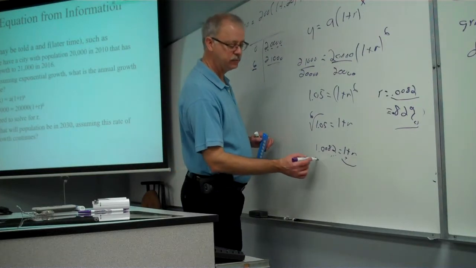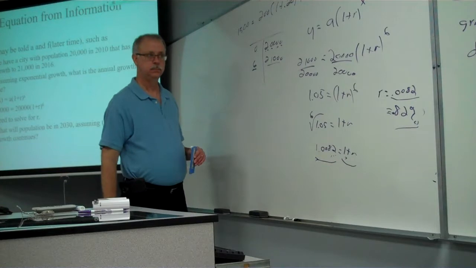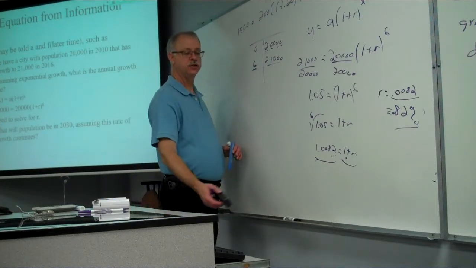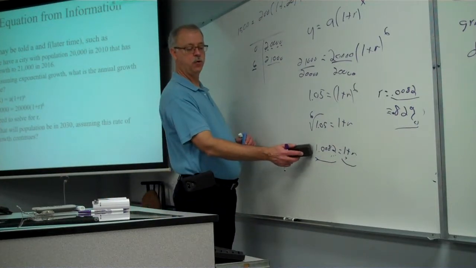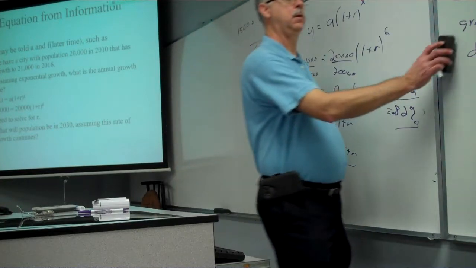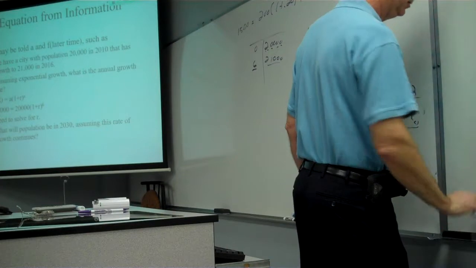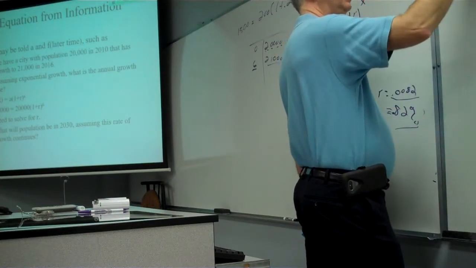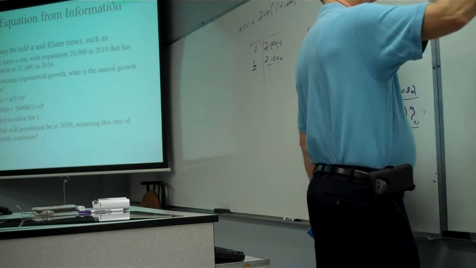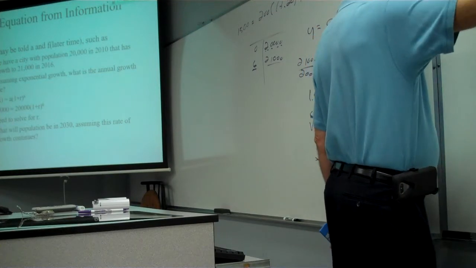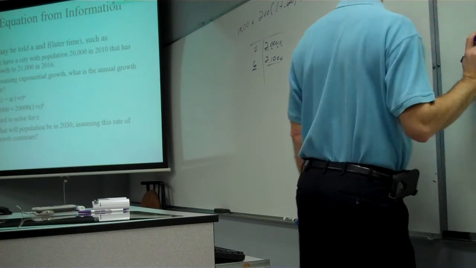Once we have our model, so we've now decided 1 plus r is 1.0082, we can then use the model to make predictions into the future. So the amount is 20,000 times 1.0082 to the x power.